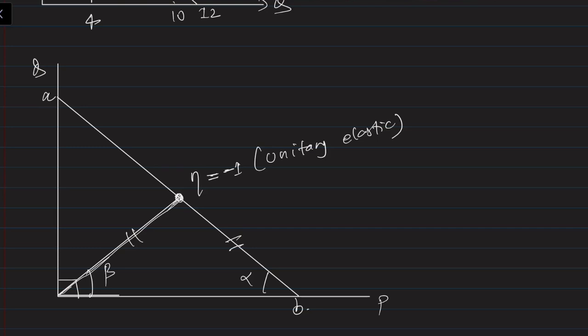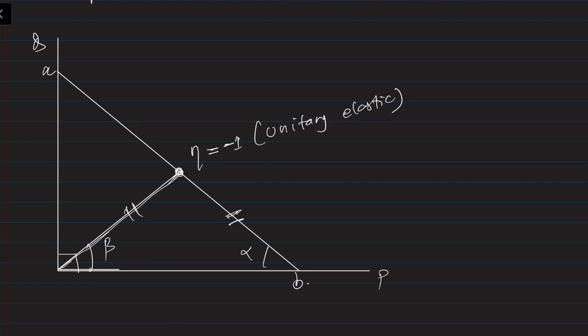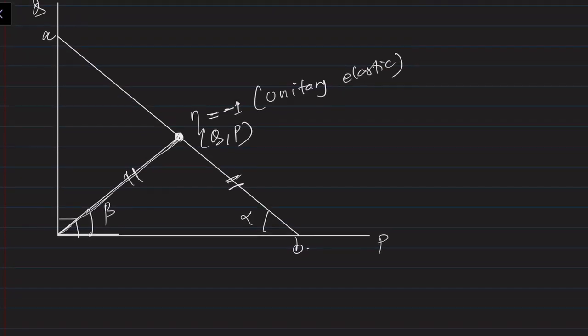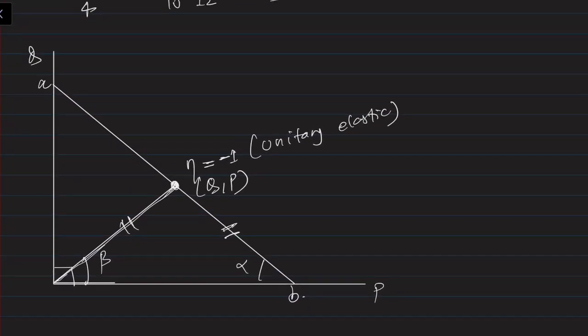So these two angles will be equal and this line segment is also equal. Okay, and let's call this point (Q, P). So since alpha equals beta, we can write tan alpha equals tan beta, right?